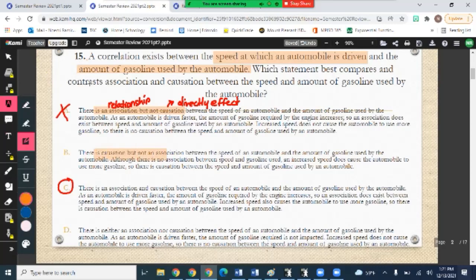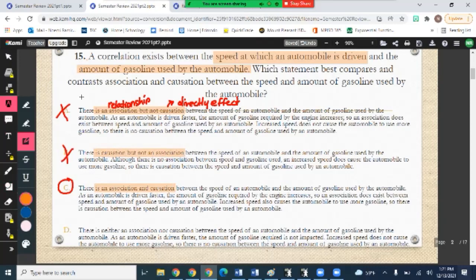B, there is a causation, but not an association. It does directly affect, but they're not related. This could never be a possible answer choice because you can't have something that does affect another thing and then not be related. They're going to be related. Can't be B. C, there is an association and causation.